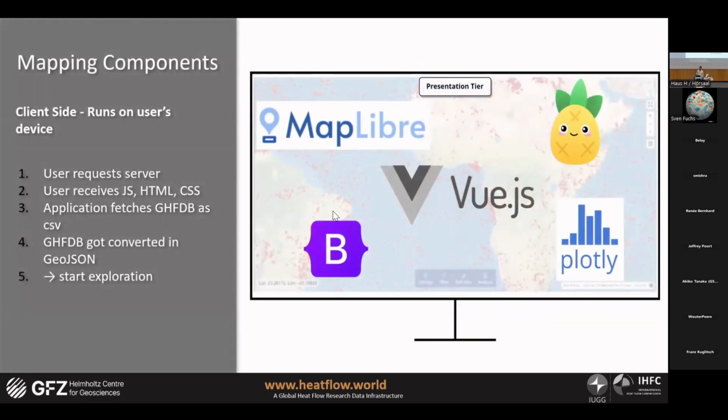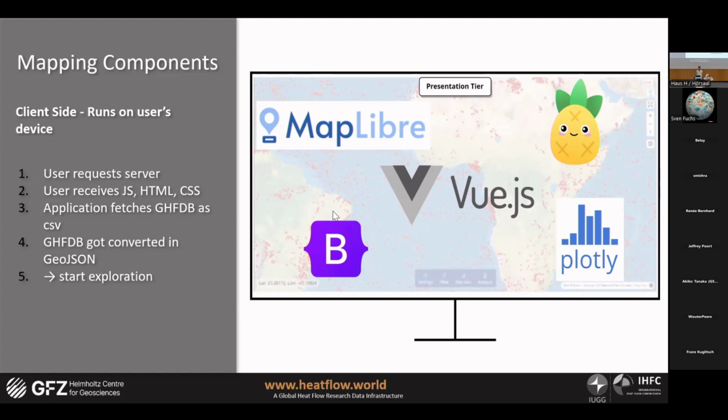Therefore, we used a bunch of libraries. They are listed in this small screen over there. The app is developed mainly in Vue.js, which is a JavaScript front-end framework. Within there, we use Pinia for the internal state management, like dealing with the data, manipulating data, putting the logic within the application.